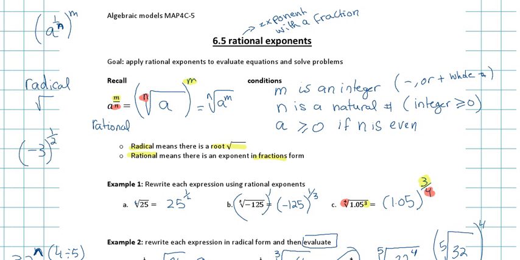Why can't I have a negative base if my denominator is even? Can you have the square root of -3? No. Because there's no number that, when you square it, gives you a negative.